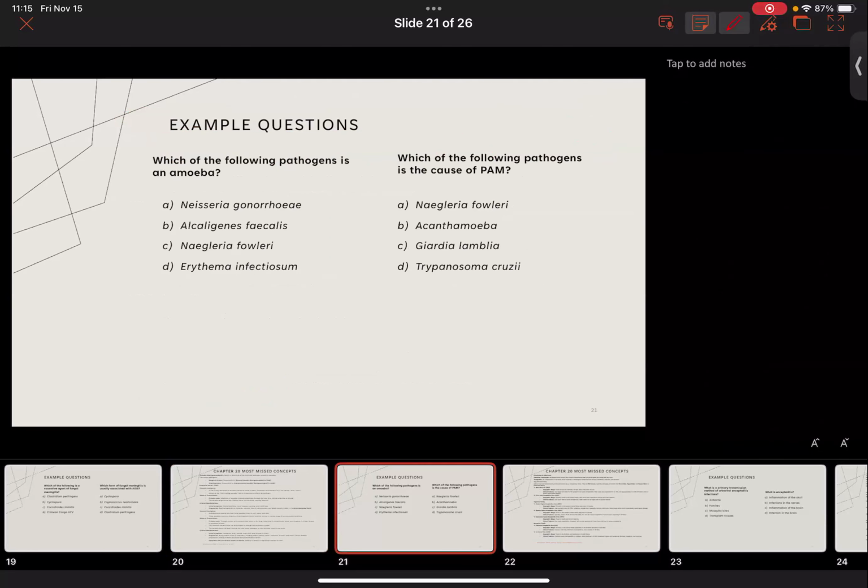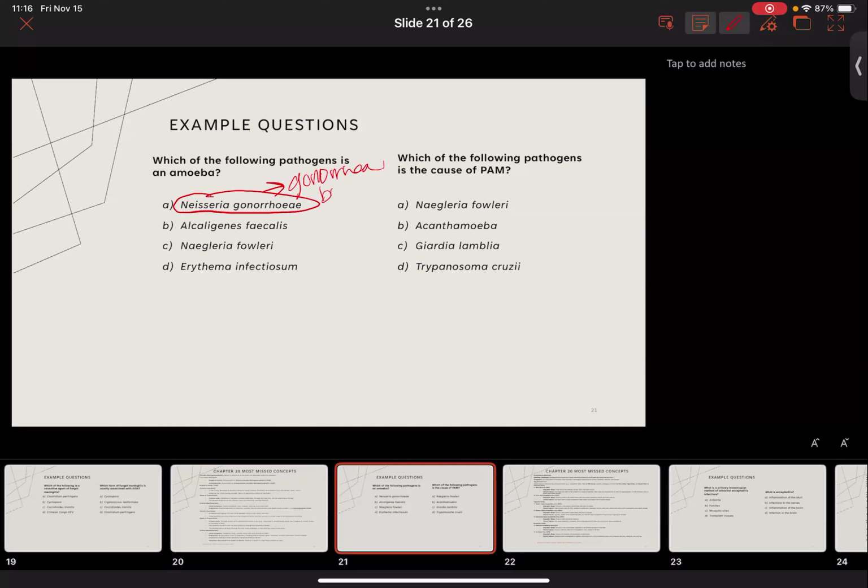So which of the following pathogens is an amoeba? So this is different, right? So I'm not asking you about meningitis here. I'm just asking you which of the following is an amoeba. As we go through the unit, I would hope to all things that are good that at the very least, you could rule out some of these, because we're going to be talking about Neisseria gonorrhea and how it is the cause of gonorrhea, obviously.